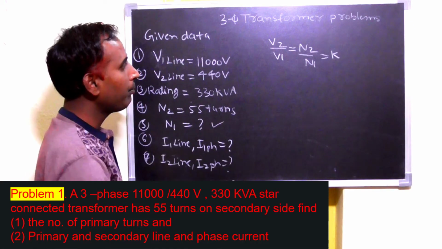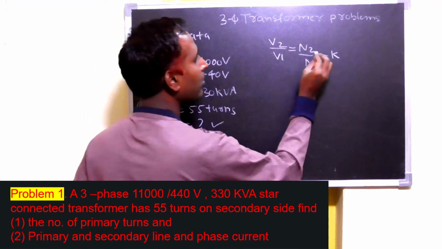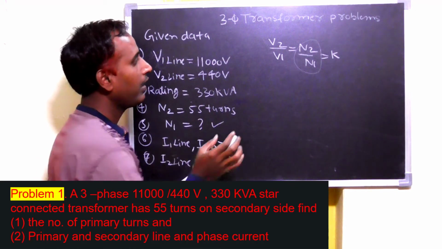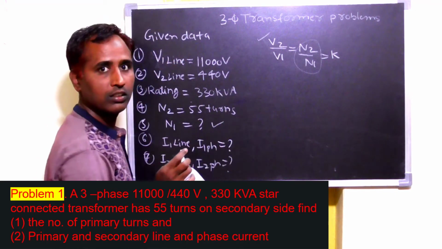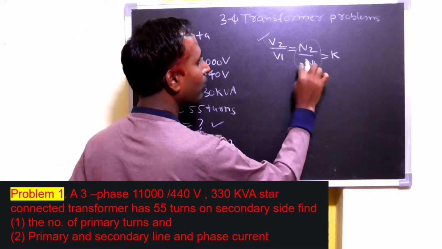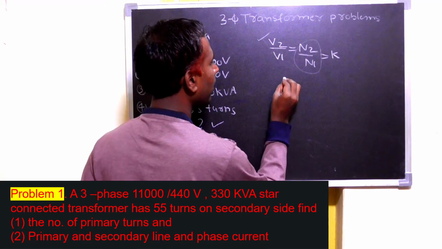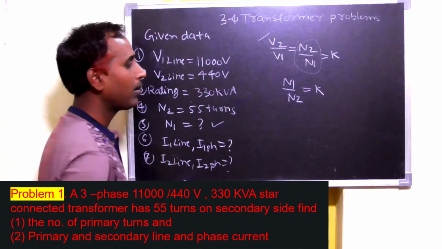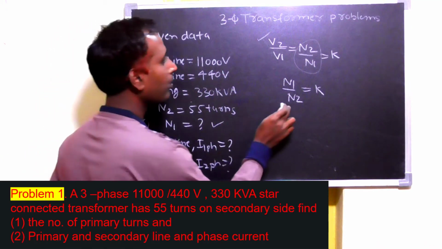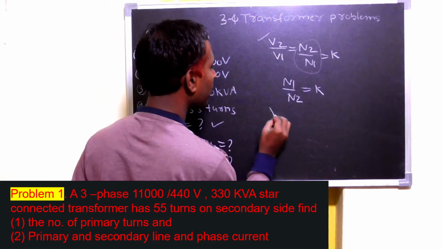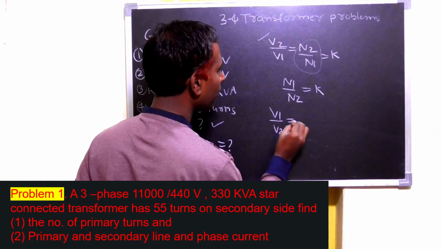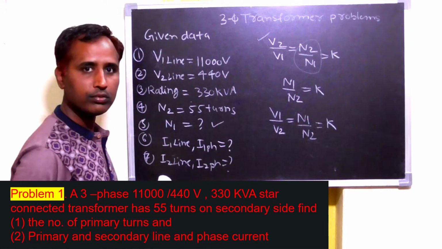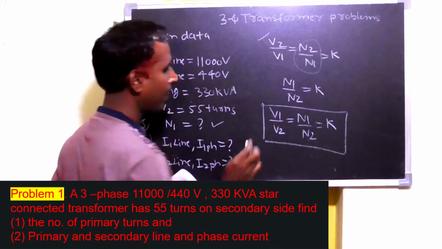But here, the formula becomes N1 divided by N2 equals K. Likewise, the formula becomes V1 divided by V2 equals N1 divided by N2 equals K.